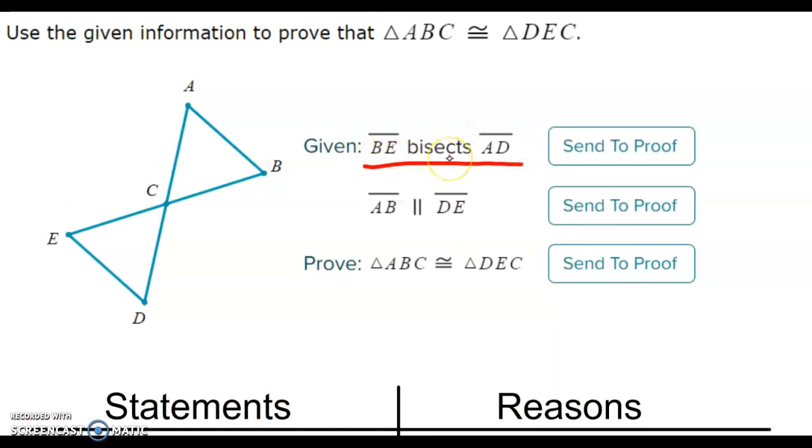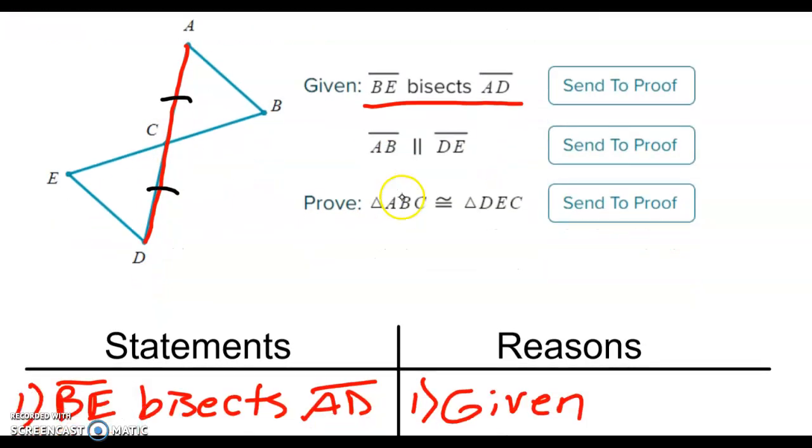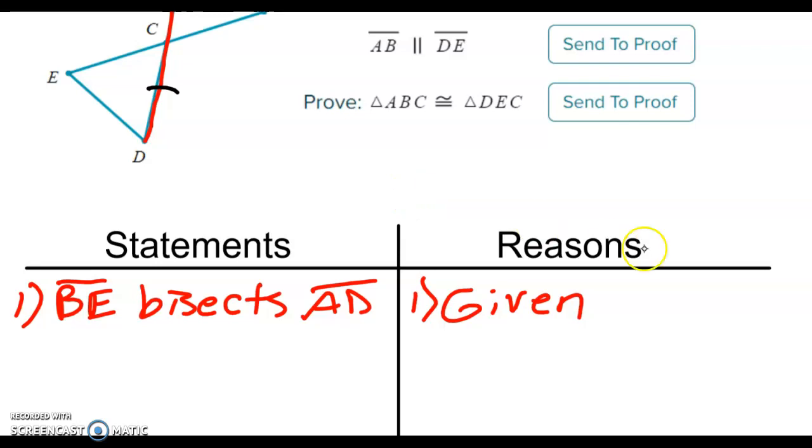If BE is bisecting AD, they're telling you that this side AD is being cut in half, so you have two congruent pieces there. Now, we can't just assume that yet. We're going to have to state that that's true, but just to put on the diagram to understand this, this is what that bisection is doing for you in your proof. We'll have to state that here in a minute, but we do have that ready for us.